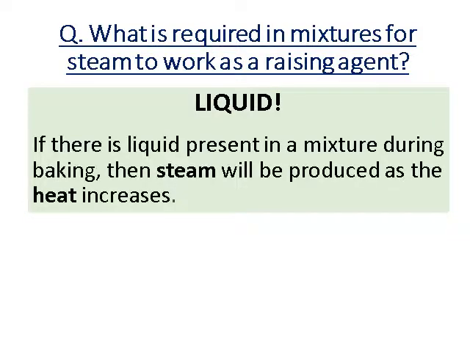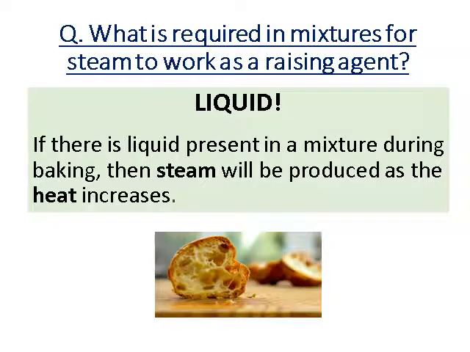So the one thing that we've learned from this is that what steam requires in a mixture to work as a raising agent is the liquid. Coming back to the liquid being present in choux pastry, there's a high water content, and once that heats, that's what's producing that steam. It's the steam within that pastry that's helping the product to rise.